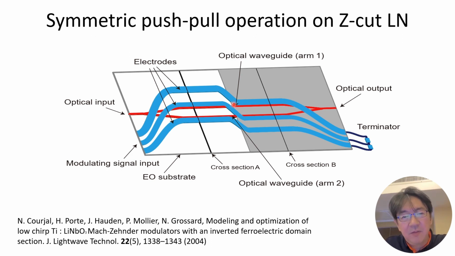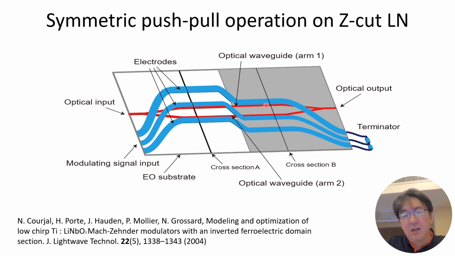But if we shift the location of the electrode, I mean flip the ground electrode and the hot electrode, we can keep the modulation polarity. I mean here the C direction is plus, and here the plus electrode, minus electrode, and here the C direction is minus, and the electrode is also flipped, the ground and the signal.